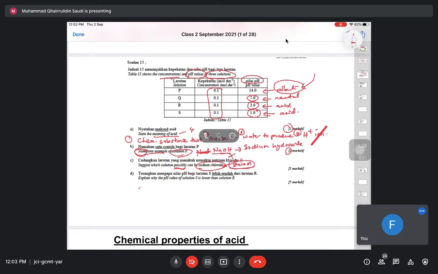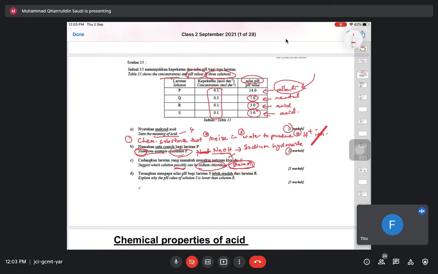So garam, is garam acid, alkali or neutral? See, siapa pernah rasa air garam? Masin kan? Awak rasa sour ke dekat air garam? Ada rasa masam dekat dalam air garam? Tak ada. So dia bukanlah acid.